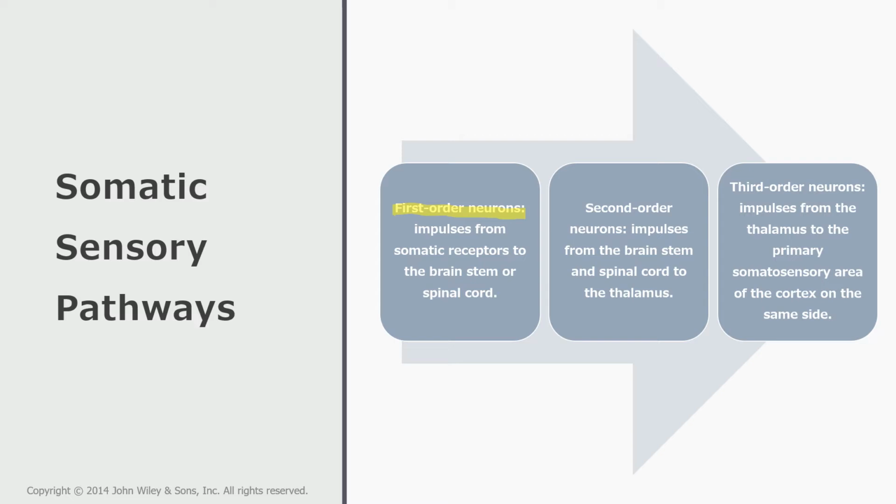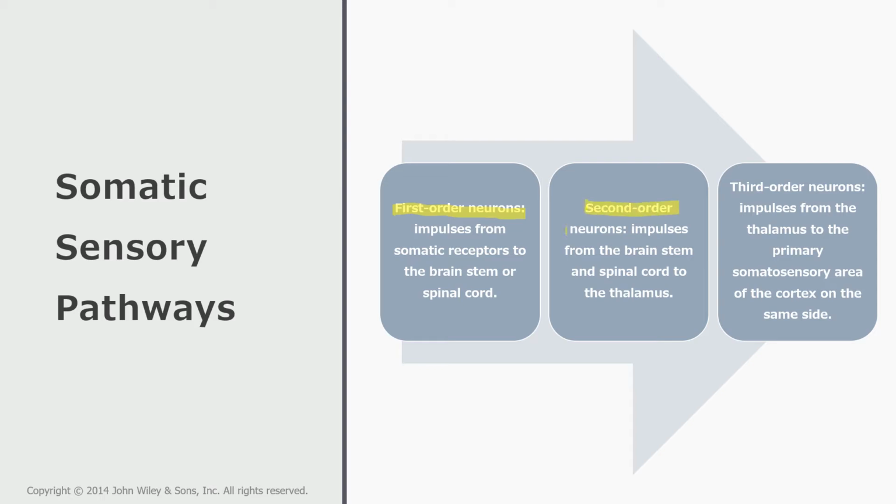From the face, mouth, teeth, and eyes, somatic sensory impulses will propagate along cranial nerves into the brainstem. So it's a little bit different depending on which area of the body those sensory impulses are coming from. Because from the neck, trunk, and limbs, and also the posterior aspect of the head, you have somatic sensory impulses that will propagate along the spinal nerves to the spinal cord.